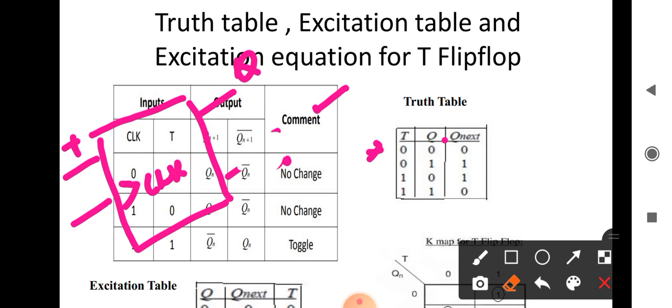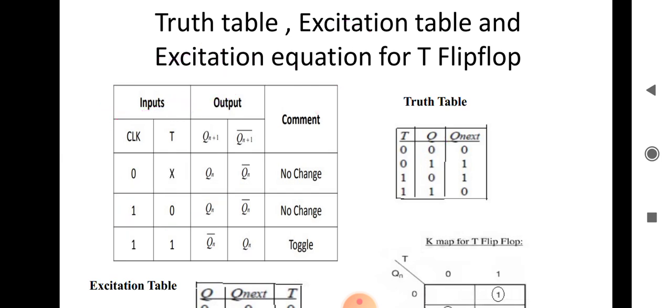So what happens when we are giving T here? For T, what is the change in the Q? When T is equal to 0, when the clock is equal to 0, and say we are given clock as 1, the next state will be equal to present state, that is Q1 plus 1 will be equal to Q1 here.